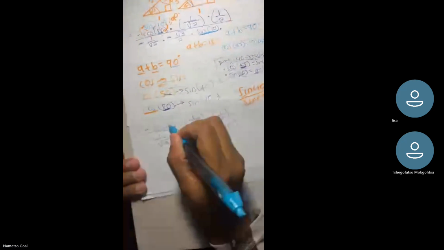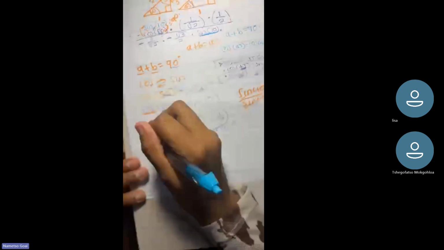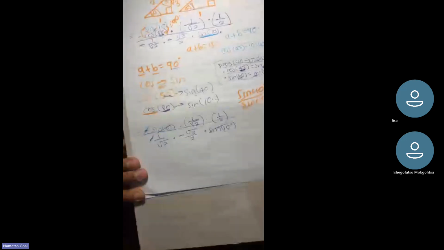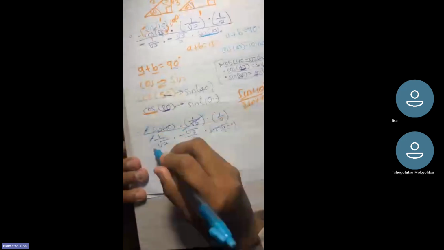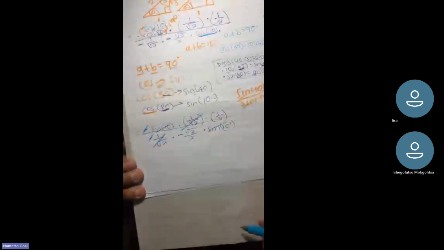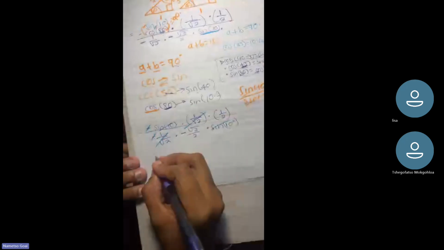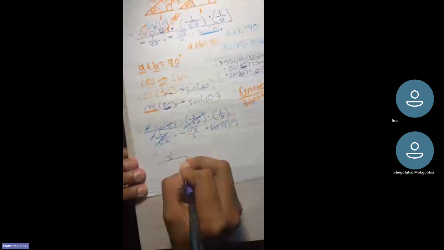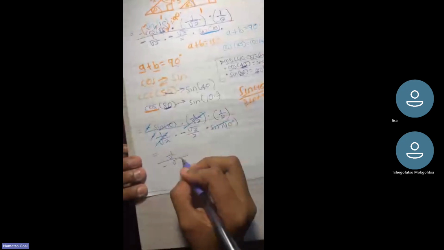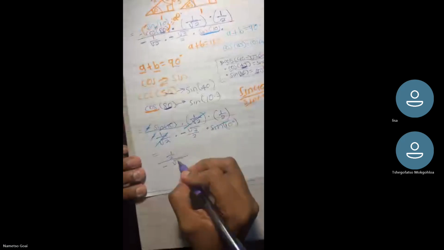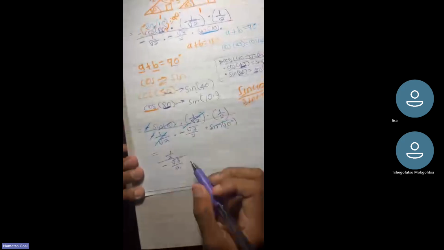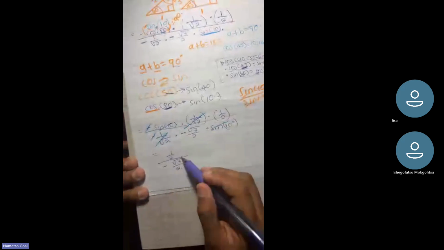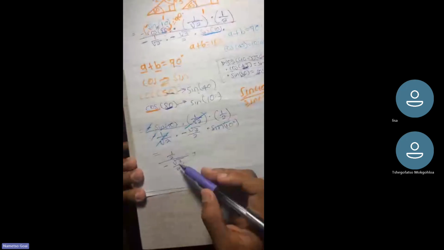Okay, so now when we're looking at this, this one can cancel out with this one, right? This negative can cancel out with this negative, right? This 1 over root 2 can cancel out with this 1 over root 2. So now, what are we left with? We're left with 1 over 2, all divided by minus root 3 divided by 2. But remember, I said you can just bring this up front and swap the denominator and the numerator.